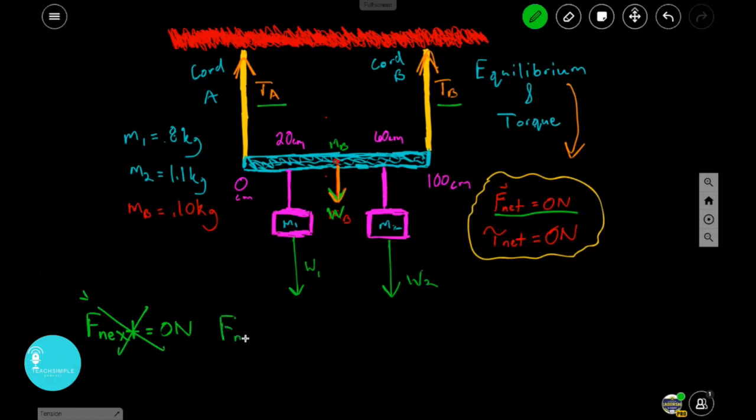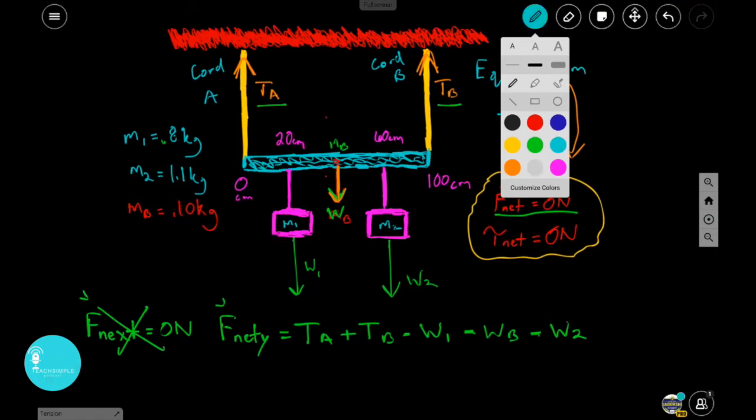For the net forces going in the y: we have TA, which is positive, plus TB, minus the weight of mass 1, which has a mass of 0.8 kilograms, minus the weight of the bar, minus the weight of the second block. Because it's in equilibrium, the total net force is equal to 0.